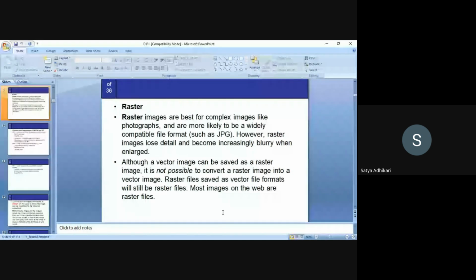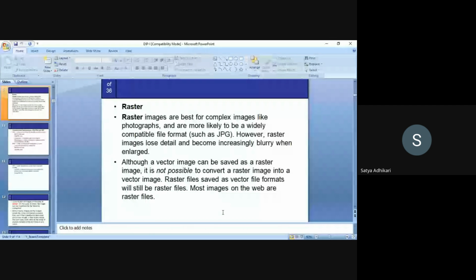Although a vector image can be saved as a raster image, it is not possible to convert a raster image into a vector image. As we discussed, a vector image can be converted to a raster file, but it has some disadvantages: it may lose the vector quality.